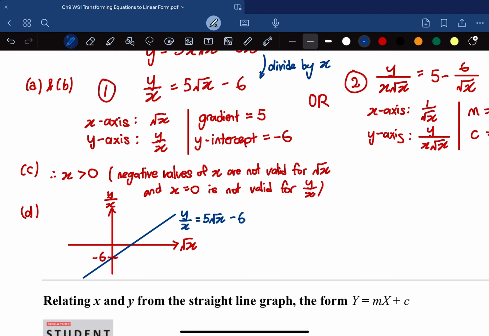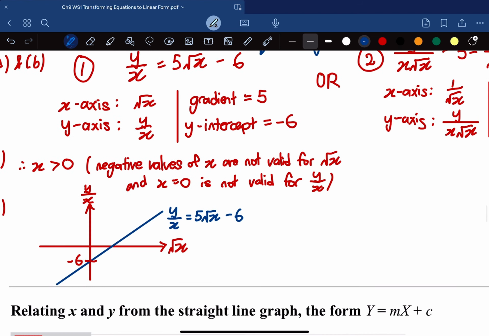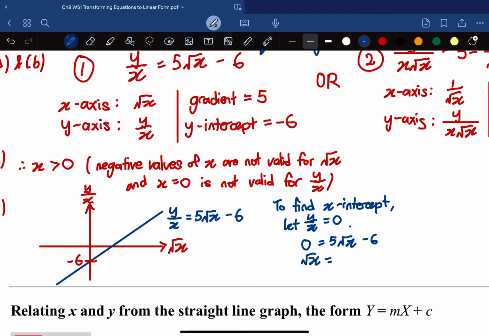So to find your x-intercept, in this case here, please note that it is not let y equal 0, but let y over x be equal to 0. Therefore, 0 equals 5 root x minus 6. Root x is equal to 6 divided by 5.